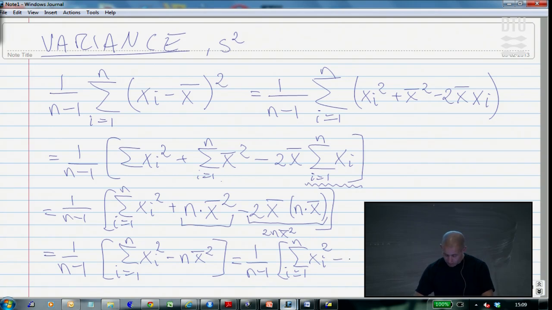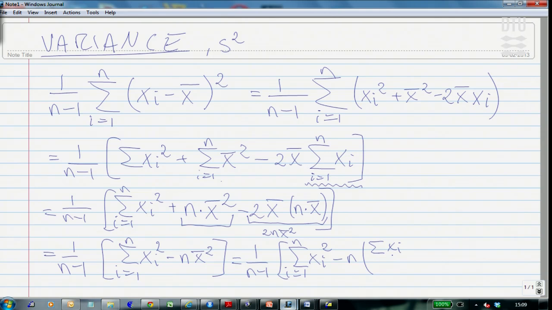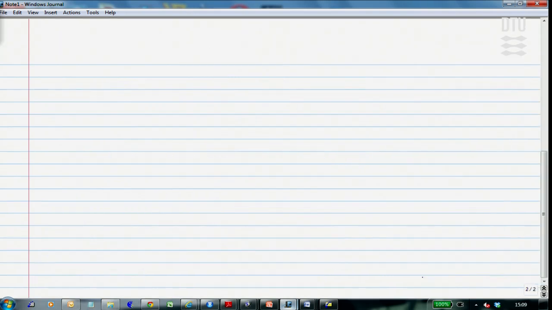We rewrite this by saying, what is the average really? Well, the average really, if we spell it out, is the sum of xi divided by n, and all of this should be squared. And then the final result actually goes on the next slide.